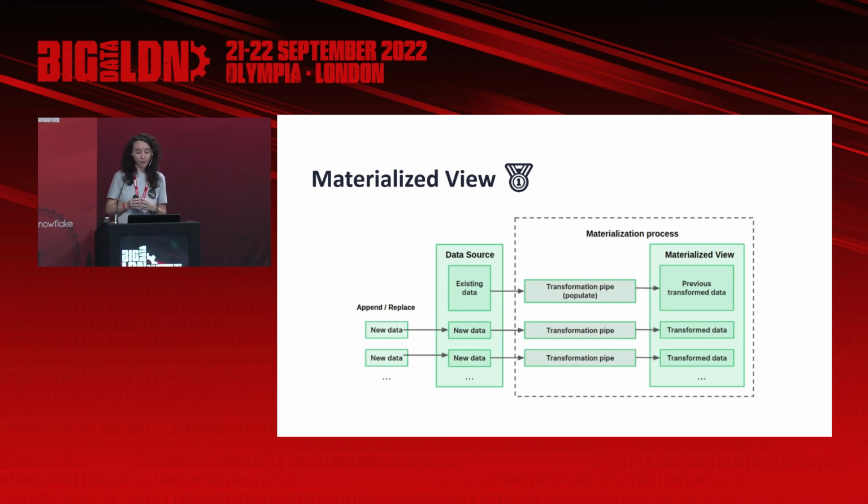A materialized view works incrementally, meaning that every time new data is ingested in the original data source, this transformation pipe is triggered, and the result is saved in the destination data source. So that allows us to have the data pre-calculated, and we don't have to calculate everything at query time.